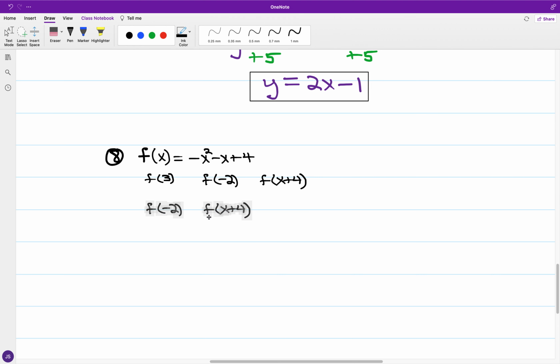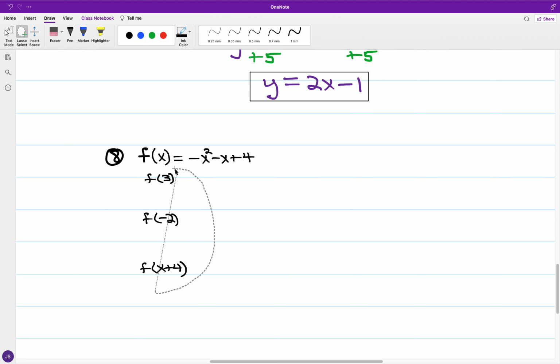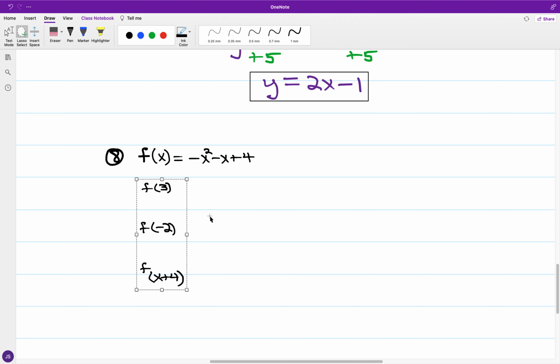And for the respective inputs, with x at 3, I'm looking for the corresponding y values. In the first case, whenever x is 3, so f of 3, we're taking the negative of the square of 3, then minus 3, followed by the addition of 4.